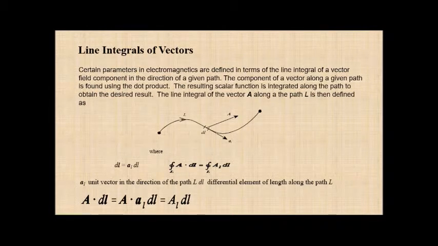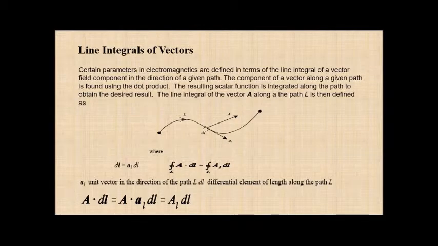Certain parameters in electromagnetics are defined in terms of the line integral of a vector field component in the direction of a given path. The component of a vector along a given path is found using the dot product. The resulting scalar function is integrated along the path to obtain the desired result.